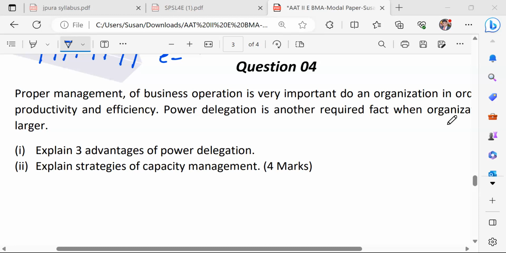Then mainly we can identify fixed capacity levels. Fixed capacity level means we are not changing capacities according to demand. We are producing a fixed amount, right? Capacity is the same.